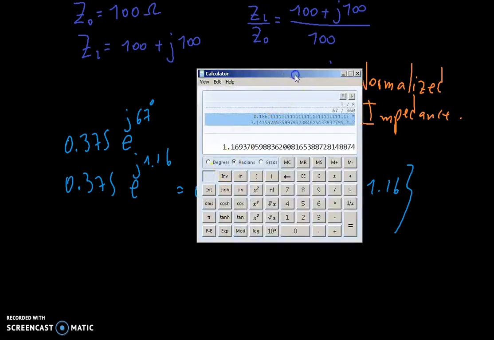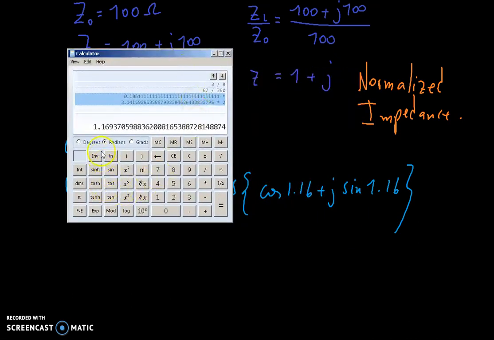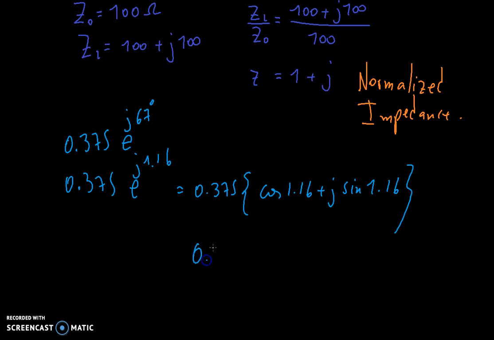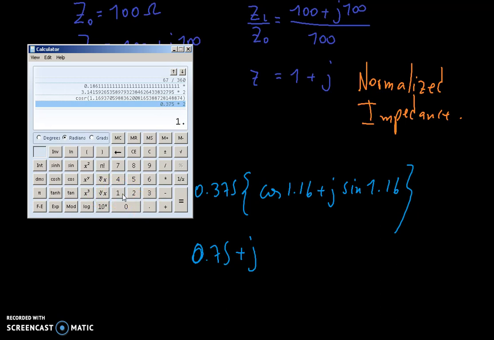So if we calculate that right now, cosine is 0.39. 0.39 times 0.375 is equal to 0.750 plus j times, now we find the sine of 1.16, times 0.375, this is 0.34.